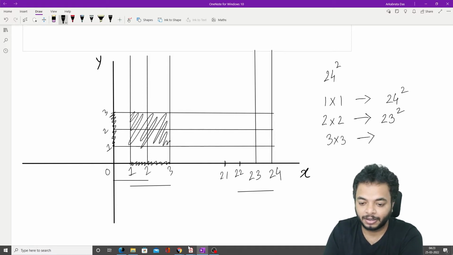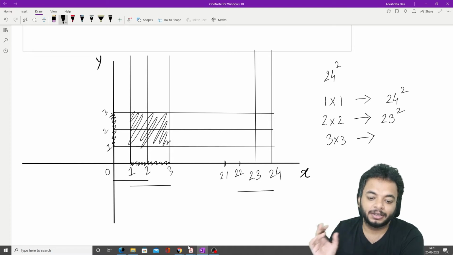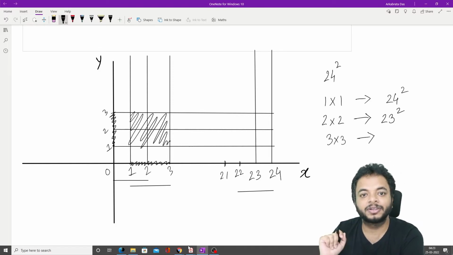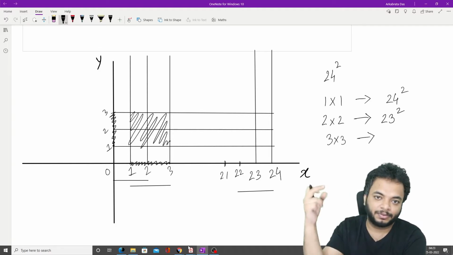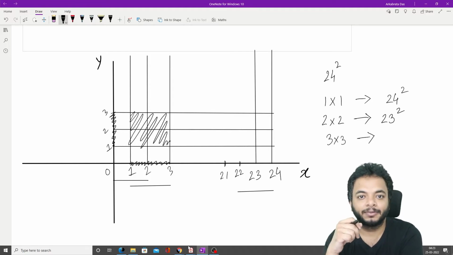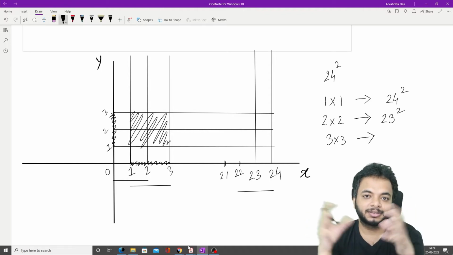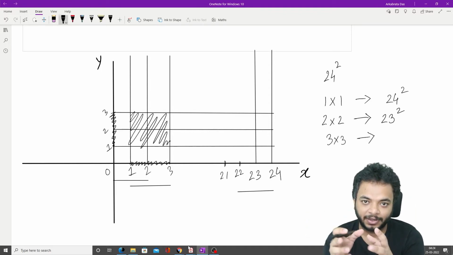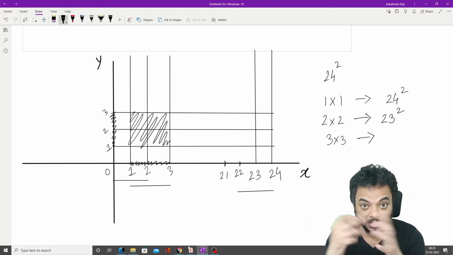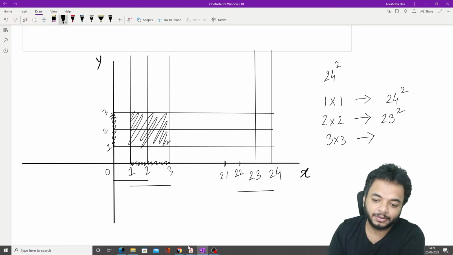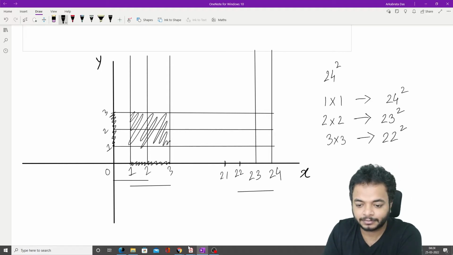Again on the x-axis you're getting 22 such sides of length 3, and similarly on the y-axis also 22 sides of length 3, and you just pick any one from the y-axis part and any one from the x-axis part, combine them, and they would give you a square of dimension 3 cross 3, so 22 squares, and so on.